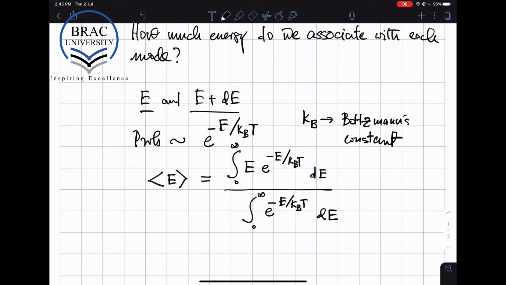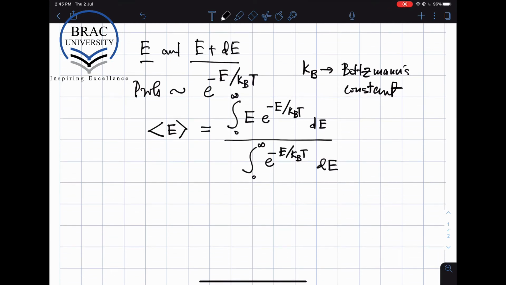Now you have to do a little bit of integration. To do the integral in the numerator, first you multiply by k_B T squared and divide by k_B T. What I'm doing is changing the integration variable, defining a new variable u, given by E divided by k_B T, and these are the prefactors you need to be able to do that.